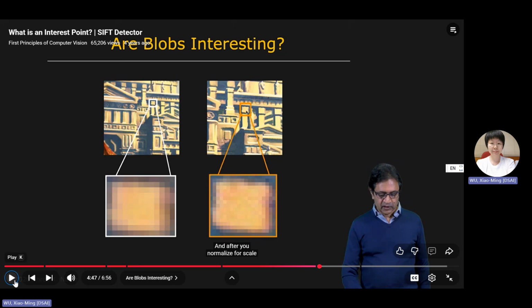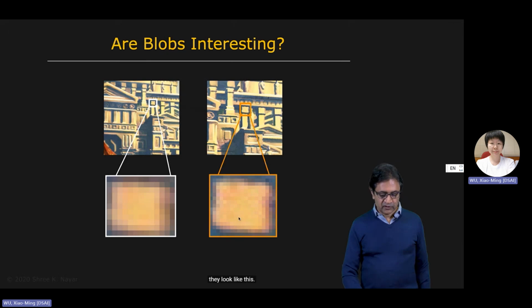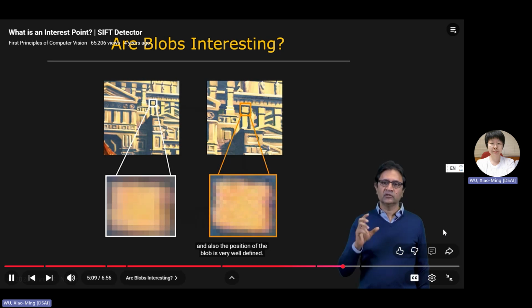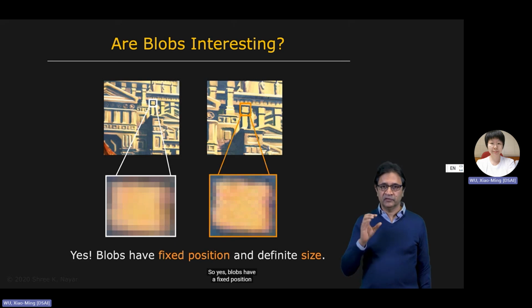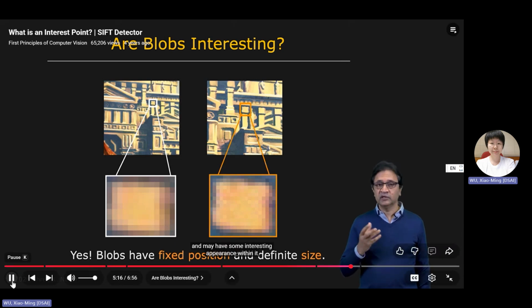After you normalize for scale and you put them in windows of similar size, they look like this. And what's interesting here is that you have some kind of a local appearance in that there's brightness variation going on in here. And that defines the appearance of the blob itself. And also the position of the blob is very well defined. So yes, blobs have a fixed position and may have some interesting appearance within it, and therefore could be potential interest points.